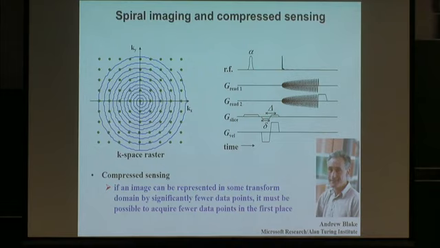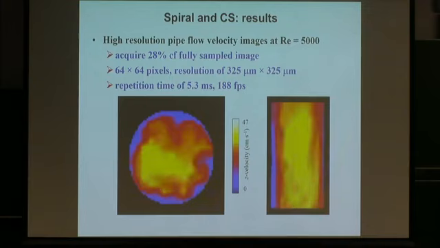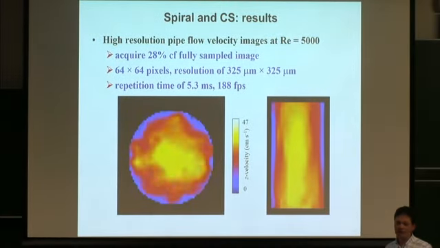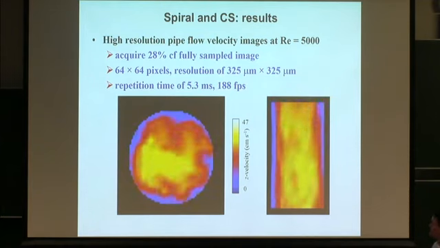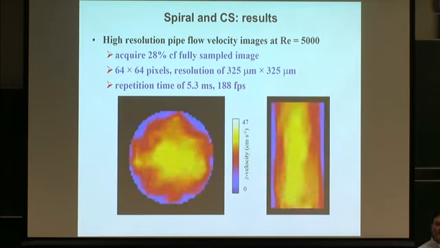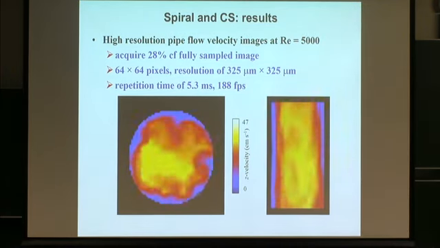So here's the example of that again for flow in a pipe. This is just a single component of the velocity, and the intensity is the velocity in the direction of flow of the pipe.